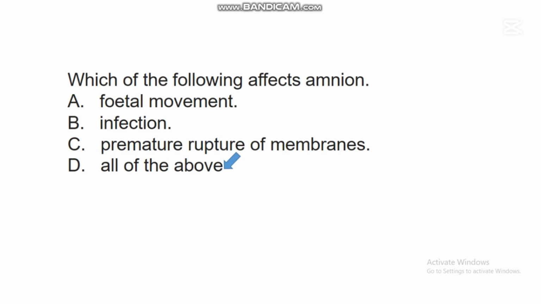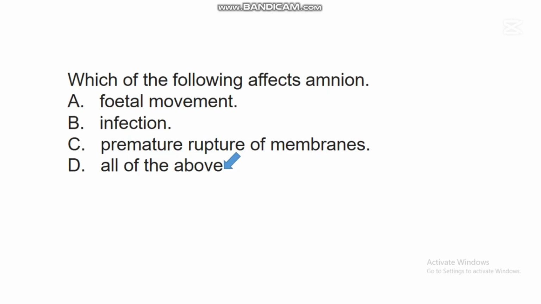Infection can also affect this structure known as amnion. When there is infection in the amnion, it can affect the role played by this amnion in maintaining pregnancy. Studies have shown that when there is premature rupture of membranes, that can affect this amnion.